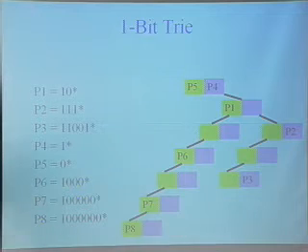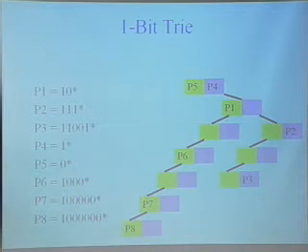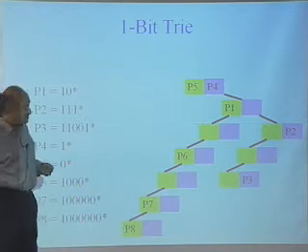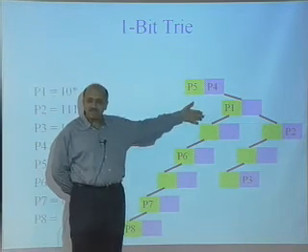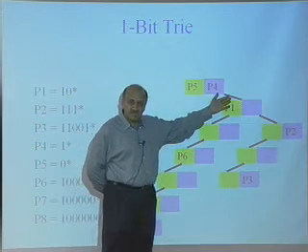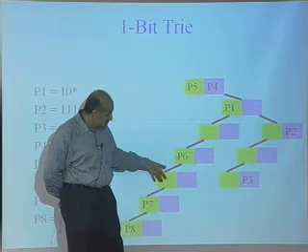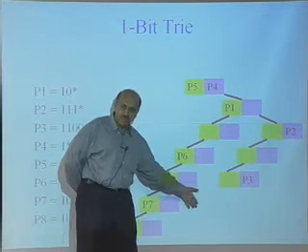Now, if you want to search for the longest length prefix here, it's fairly easy. If you're given a destination address, you follow the path given by the address. If the first bit in the address is 1, you go this way. If the next bit is 0, you come here. If the next bit is 0, you come here. If it's 0, you come there. If it's 1, you go there.